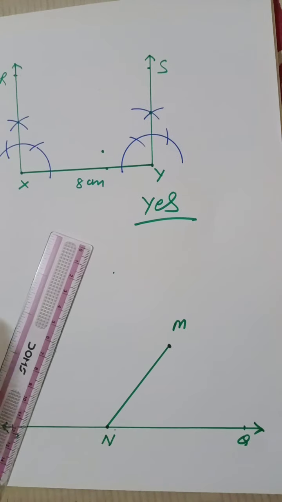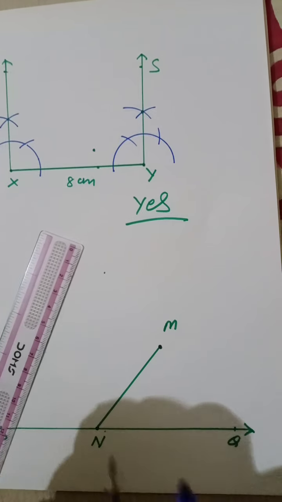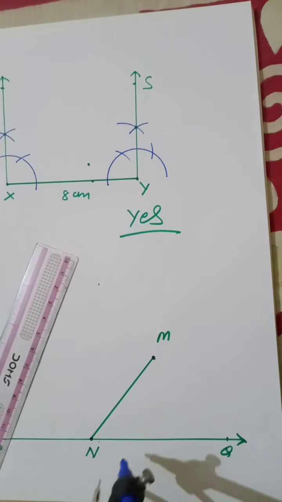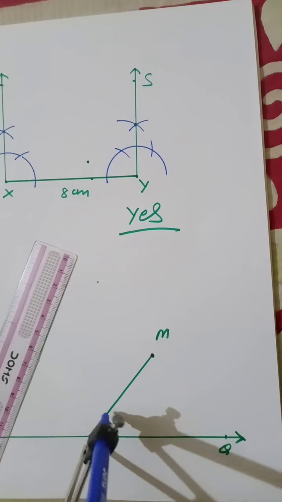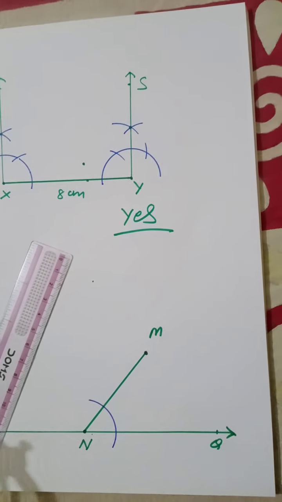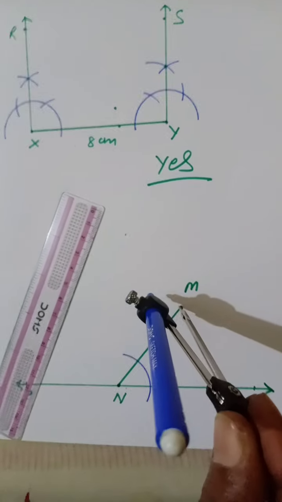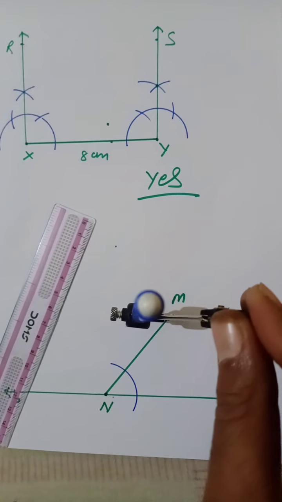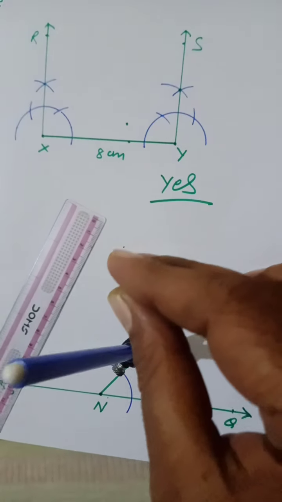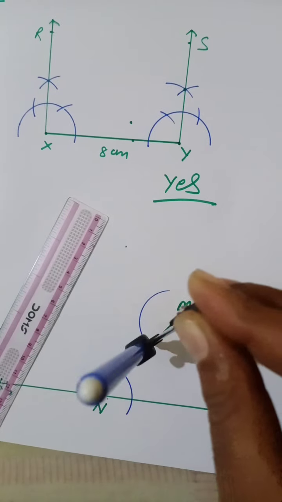Okay. Now take the compass and open it as we always open. Put the needle here at N and draw an arc like this. And now you will keep the radius of the compass the same and put the needle at M, and from this line segment draw an arc like this.